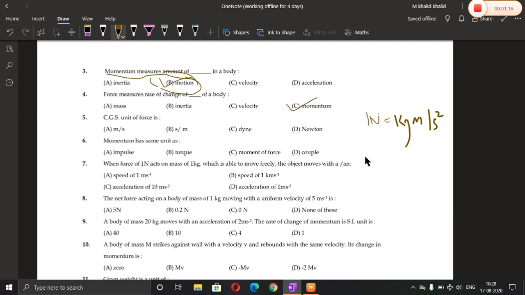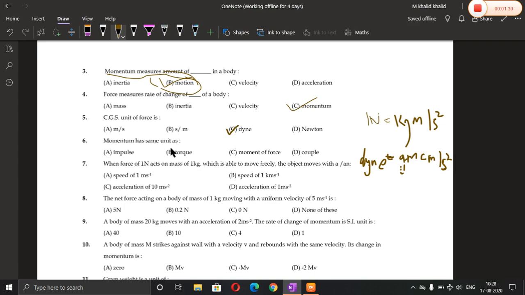Now if we have to convert it in the CGS system, then kilogram will be converted into gram, meter will be converted into centimeter, and second will remain as it is, so it will be second square. So what is this called? This was called dyne. We have already studied these things. So our answer will be dyne.